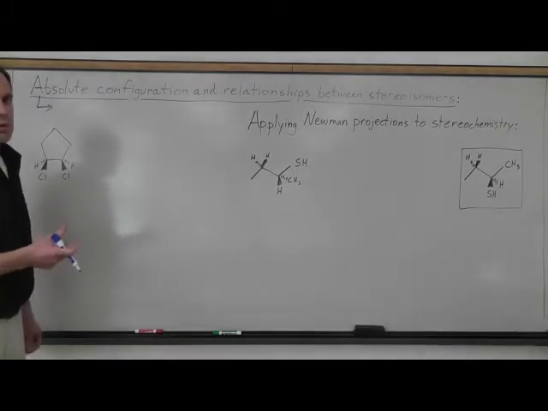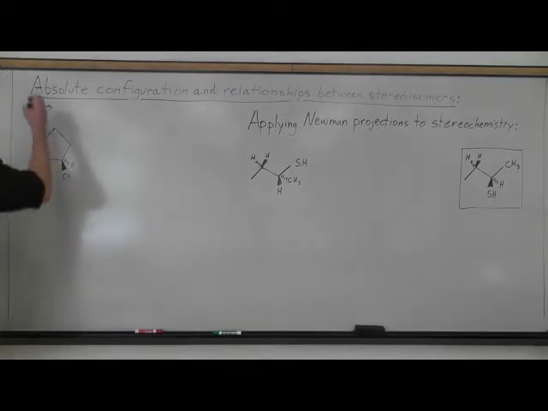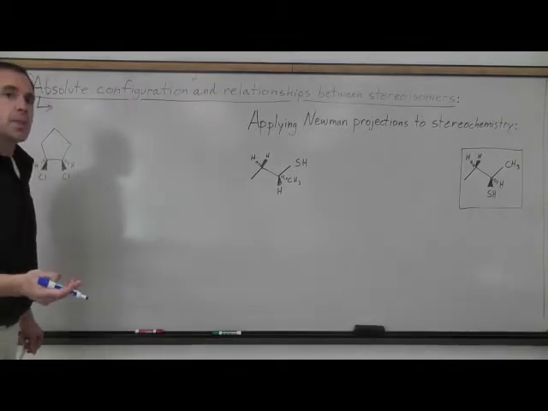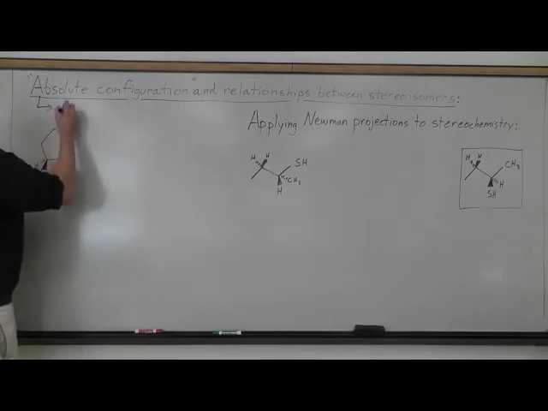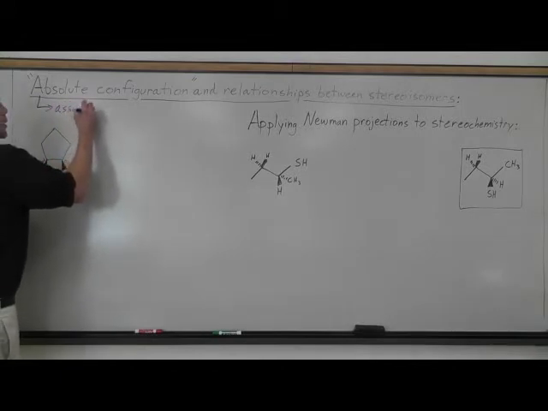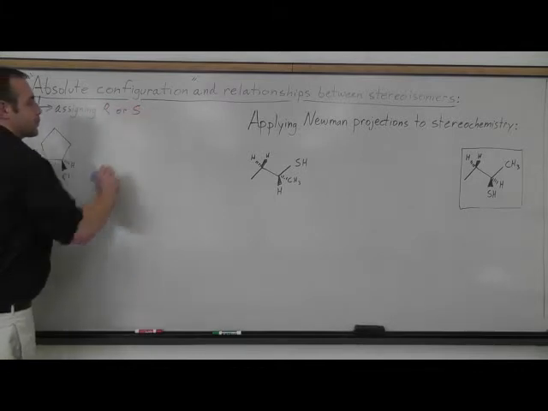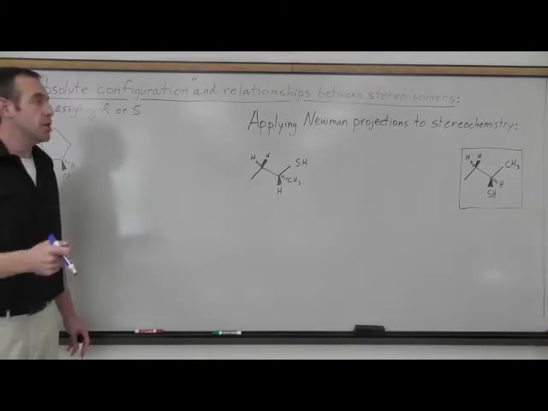What it refers to is their configuration in three-dimensional space. And you might run into this term in the book or on a standardized exam. But it's simply what we've been doing in the chapter on stereochemistry.